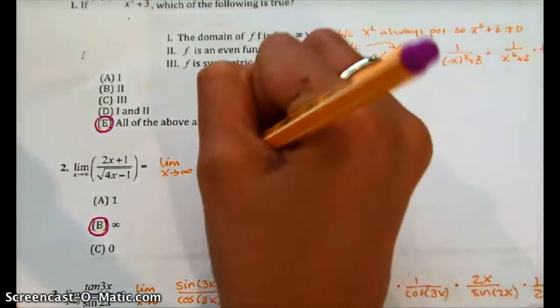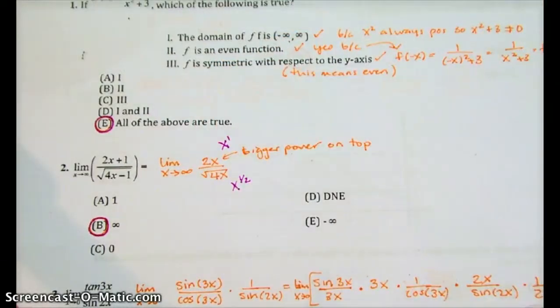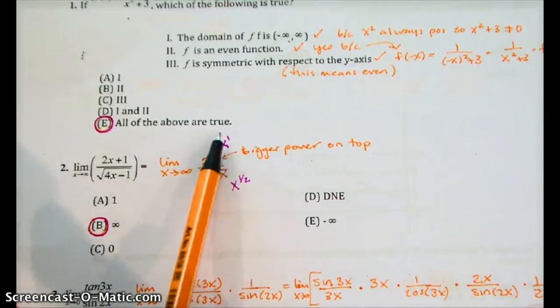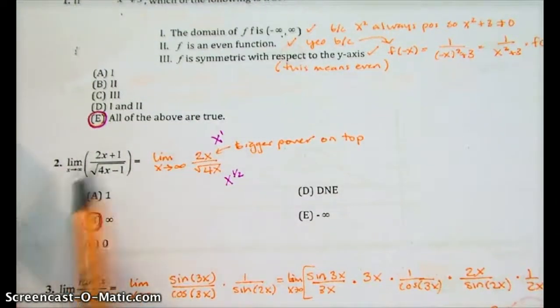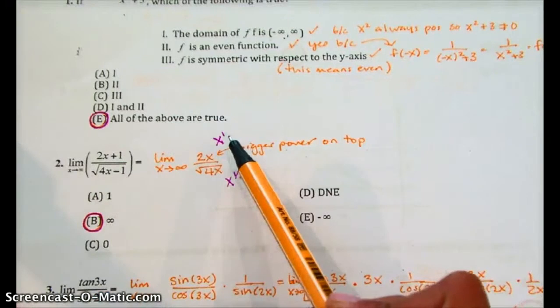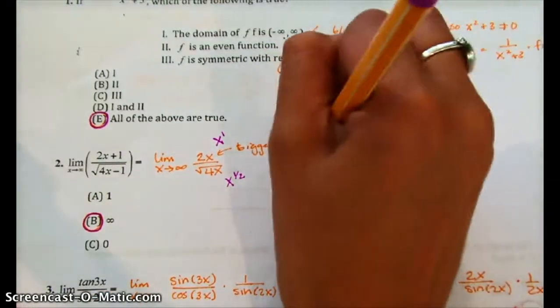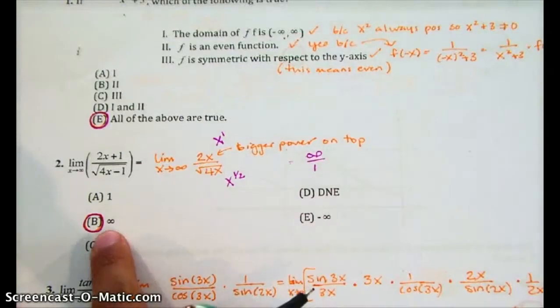And the exponent on the bottom is kind of like x to the 1/2. And obviously there are coefficients, but ultimately the coefficients don't really matter. Because the exponent is larger on the top and we are going to infinity, the top is getting bigger more quickly than the bottom. In other words, what we have here is going to be a situation where we have infinity over 1, which is why I got an answer of infinity.